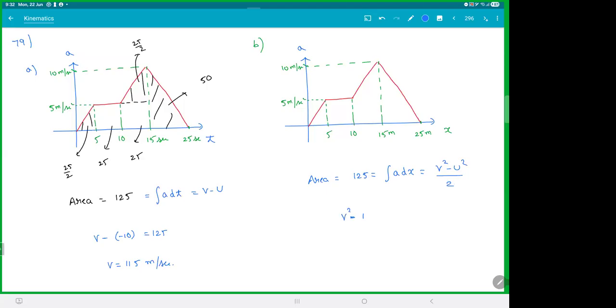So V square minus 10 square would be 250, so V is equal to root 350. Check your answers. Is my area right? Yeah, then there's nothing there. Once you get the area, the question is over. All clear with this?